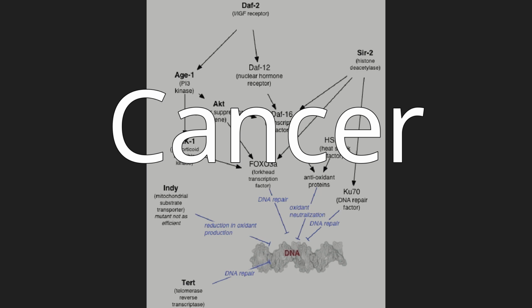In particular, hereditary non-polyposis colorectal cancer (HNPCC) is strongly associated with specific mutations in the DNA mismatch repair pathway. BRCA1 and BRCA2, two important genes whose mutations confer a hugely increased risk of breast cancer on carriers, are both associated with a large number of DNA repair pathways, especially in hedge and homologous recombination.